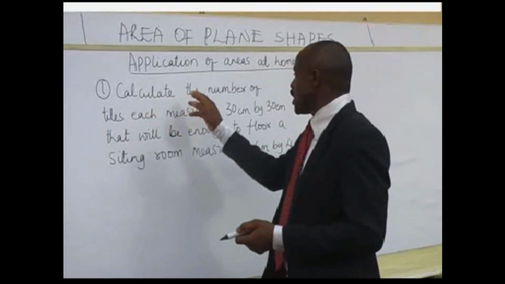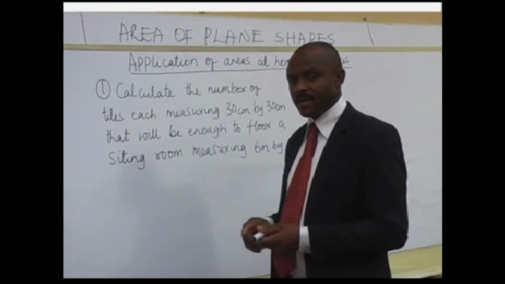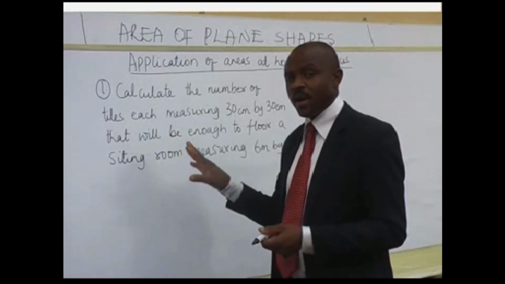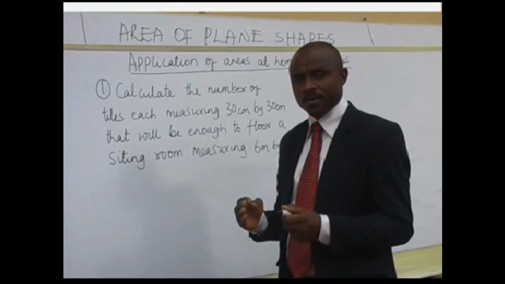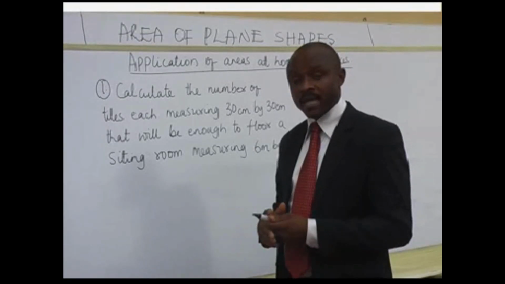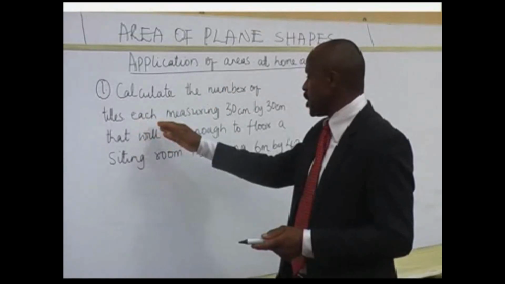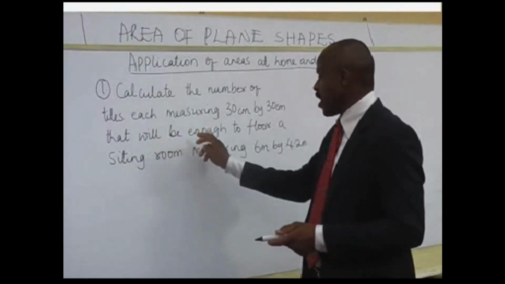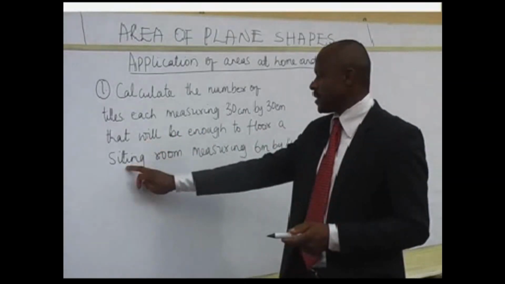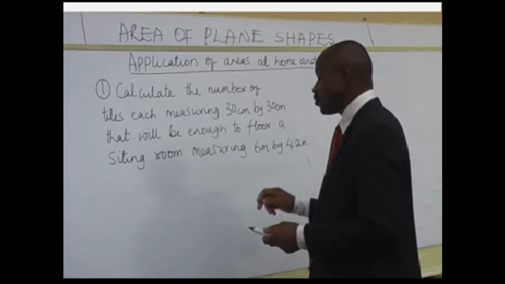They say calculate the number of tiles. Tilers always do this kind of thing whenever they want to give you a quotation for the number of tiles that will be enough for a place you want them to tile. So the question said we should calculate the number of tiles, each measuring 30 cm by 30 cm, that will be enough to floor a room, a sitting room, measuring 6 meters by 4.2 meters.